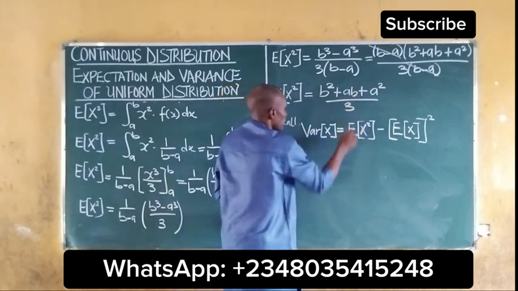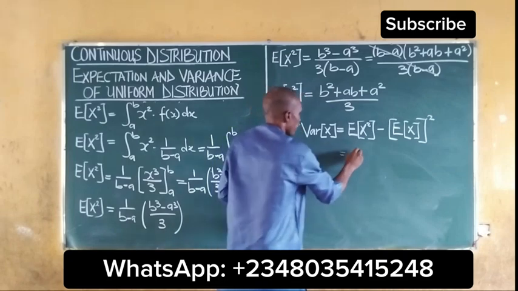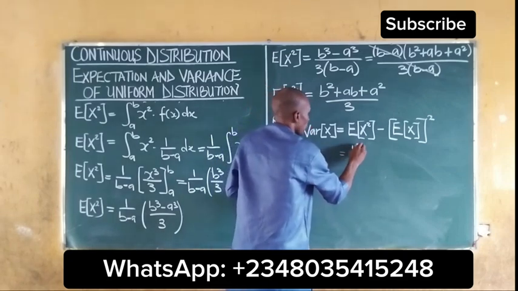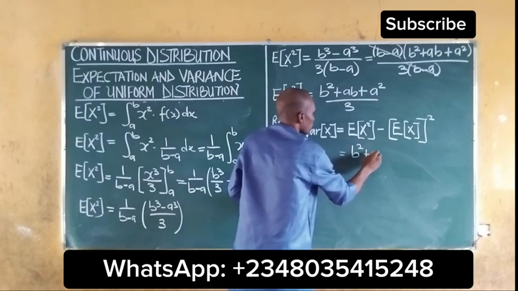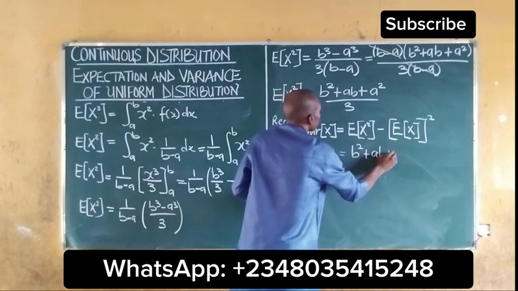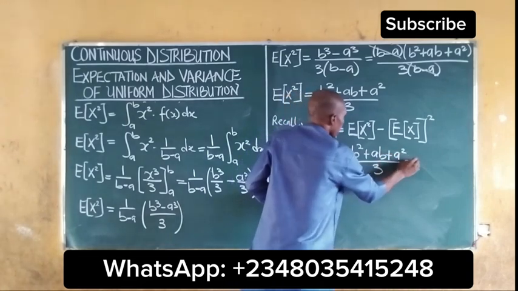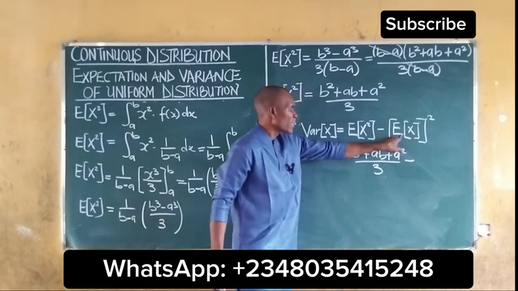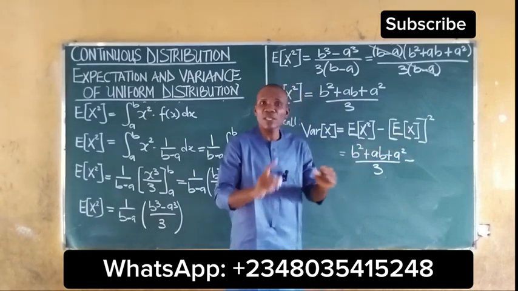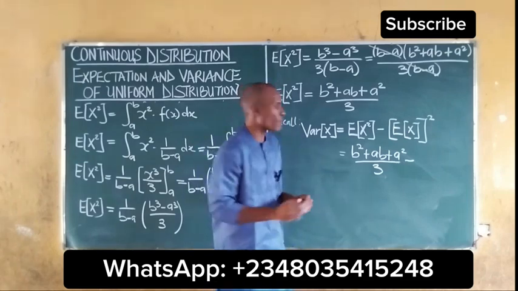Then we have this as b squared plus ab plus a squared all over 3 minus, of course, we should remember that the expected value of x we got is a plus b all over 2.